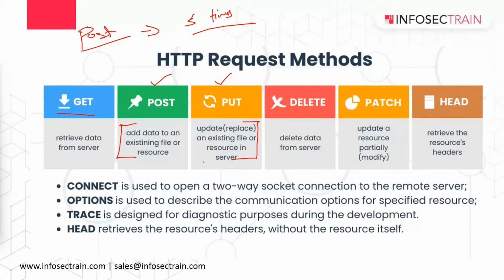At the same time, for PUT, you might have filled online forms, right? Whenever you fill online forms and you have to upload your passport, there will be a place where you have to update or put your passport picture, and there is a browse option. You click on browse, and after that you can upload the picture of your passport or your own picture.